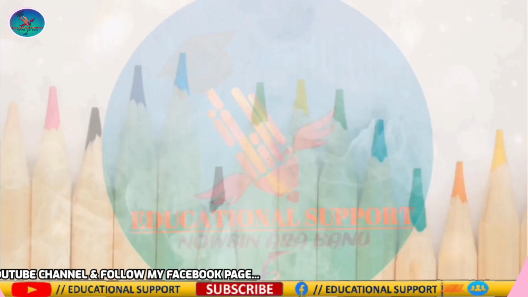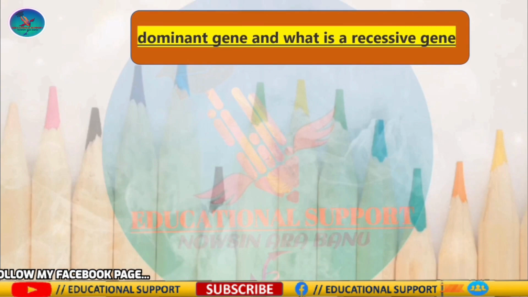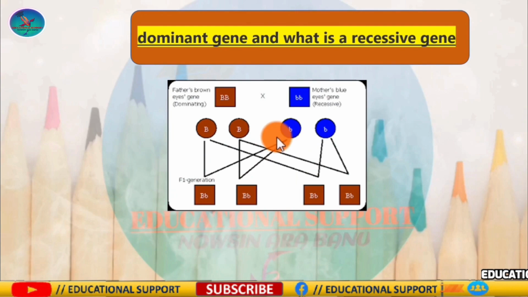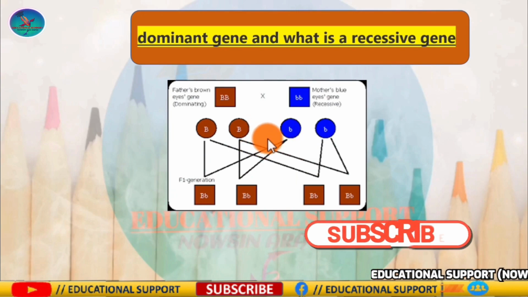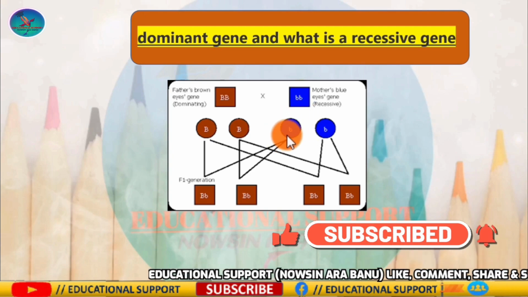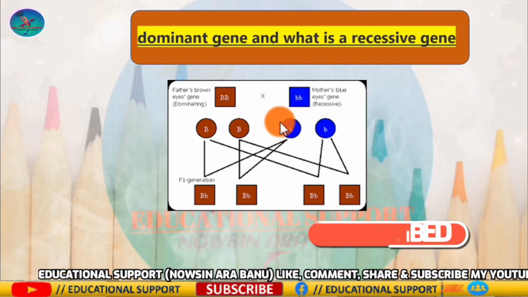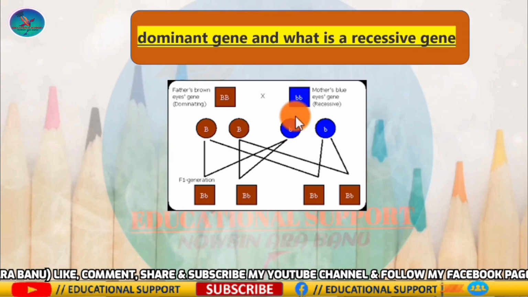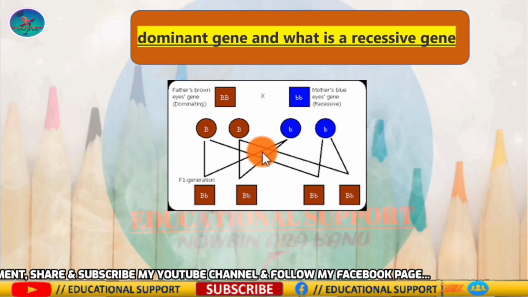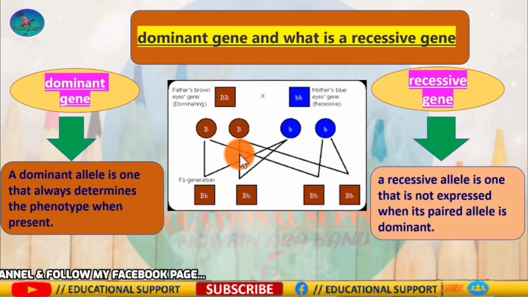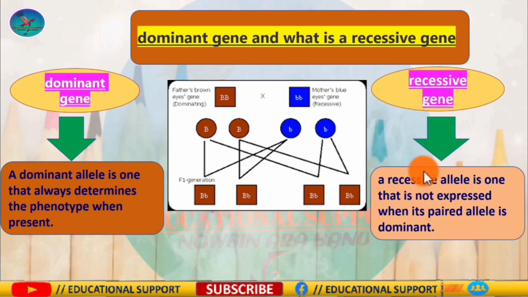So, what is a dominant gene and what is a recessive gene? A dominant gene or allele is one that always determines the phenotype when present. Dominant traits require the presence of only one allele in order for the given trait to be expressed. On the other hand, a recessive allele is one that is not expressed when its paired allele is dominant.